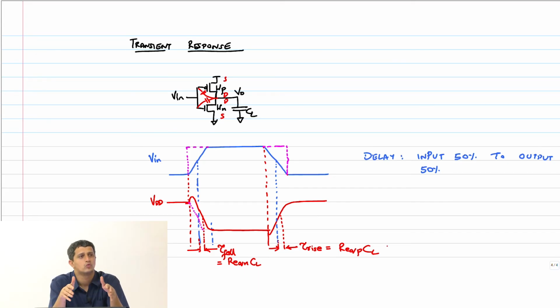That I can never do, because the actual current model is so much more complex. I can never capture all that in my equations here, in these back of the envelope calculations. But with these expressions, I can always tell you if inverter A is 50% faster than inverter B, or maybe 30% faster.